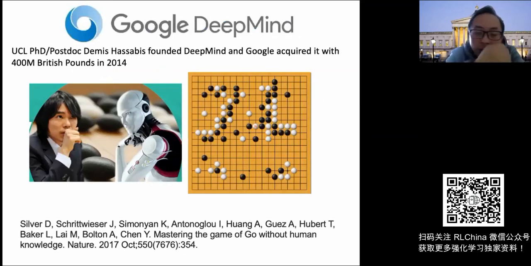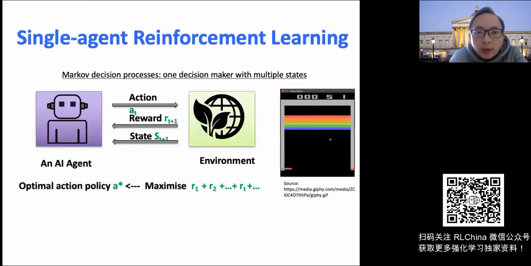I think everybody is familiar with AlphaGo, or later AlphaZero, which makes use of deep neural networks to solve one of these well-defined decision-making problems, which is Go. Here you want to make a decision now, and that decision will have an impact on the future. How can you come up with a clever way of doing that?